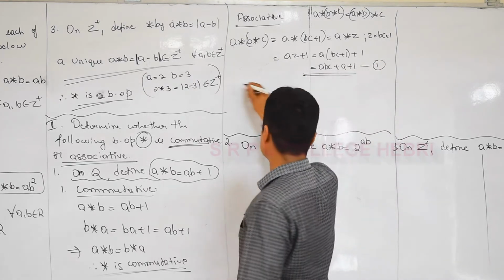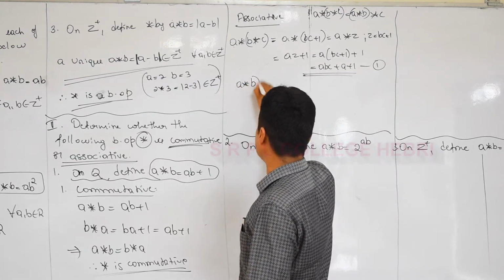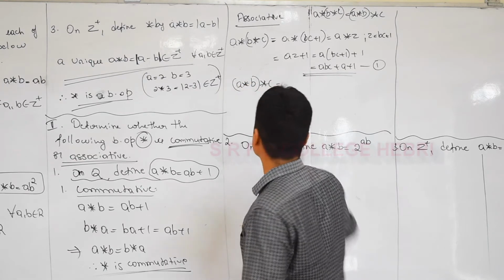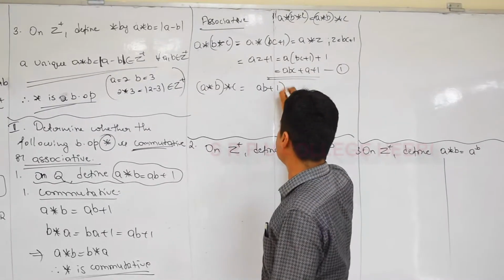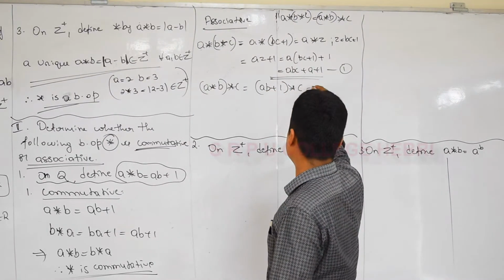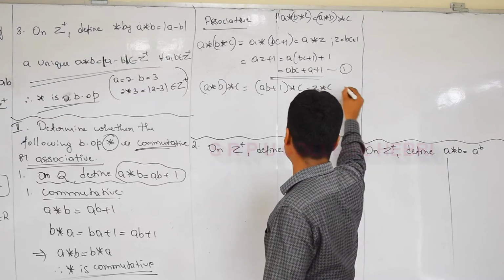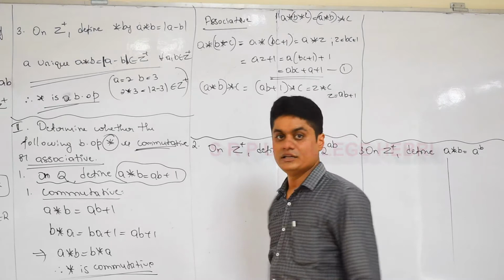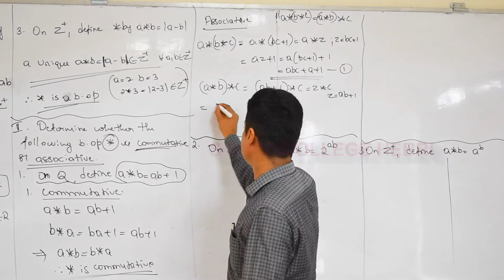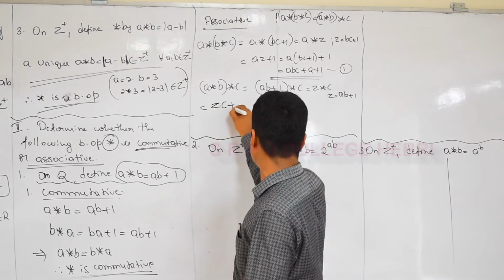Okay, next consider (a star b) star c. a star b is ab plus 1. Correct? It is given. Take this as z, where z is equal to ab plus 1. So now what is z star c? z star c is zc plus 1.